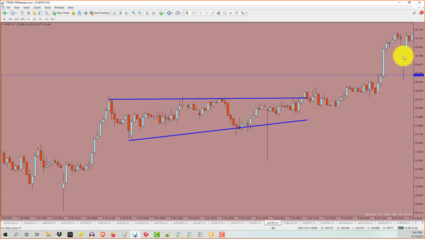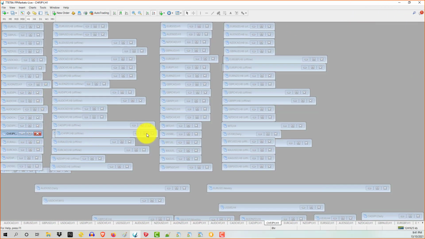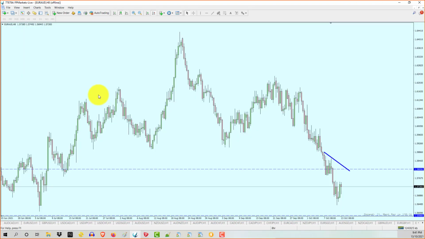There's a kangaroo tail that does not have the open and the close inside the previous candle's range because it was such a gappy move there. Again, this one doesn't have the open and close in the previous candle's range. Yeah, probably stay away from that one for now. Looks better on the higher time frame because I think it may break out, pull back, and give possibly that would be a great setup if it did something like that.